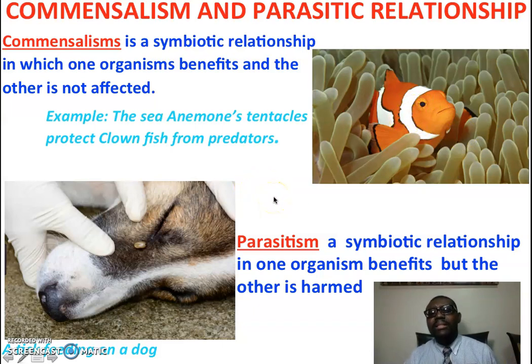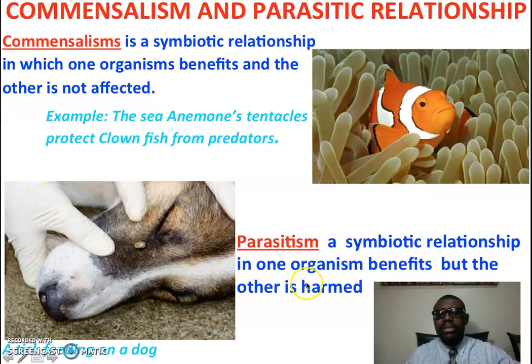The next type of symbiotic relationship is parasitism. Parasitism is when one organism, called a parasite, which is most of the time a smaller organism, lives inside or on the host. The host is the organism that the parasite lives on, and the parasite causes harm to the host most of the time. The parasite derives nourishment from its host.